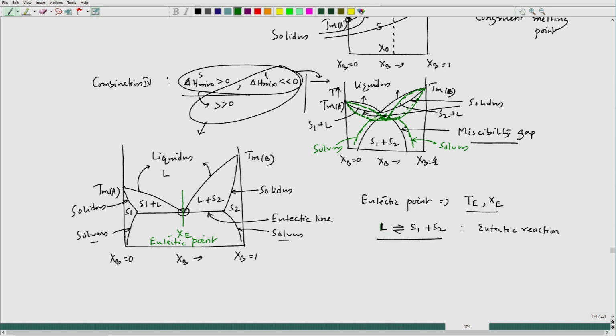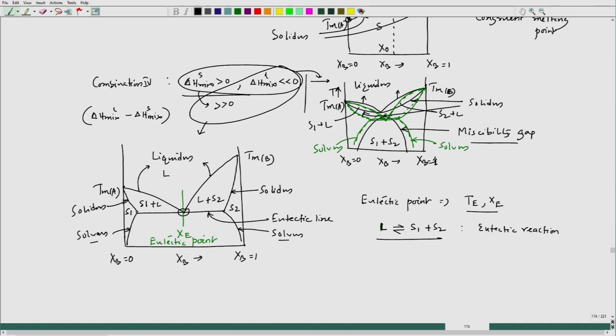You can see that they are coming closer to each other as we increase the difference between del H mix liquid minus del H mix solid. As this difference goes up, it will yield a eutectic phase diagram.